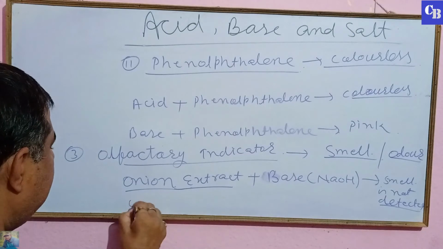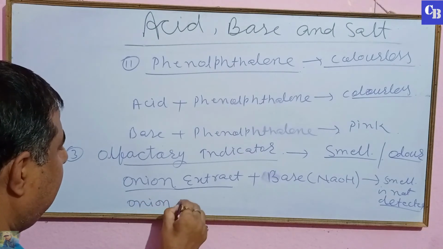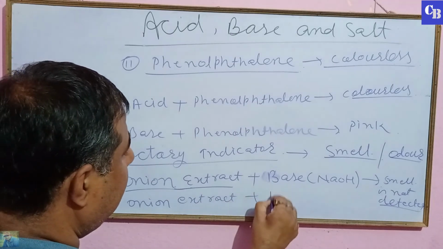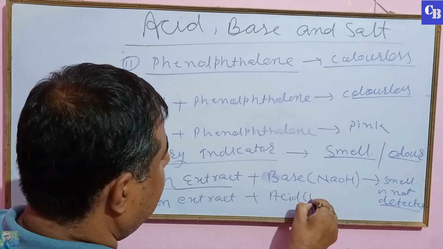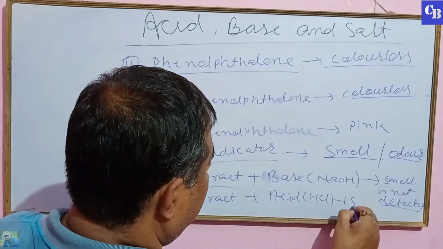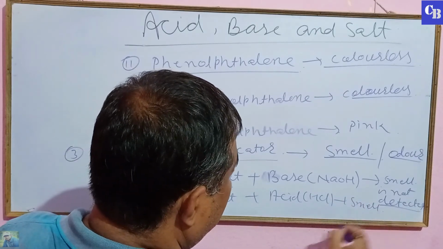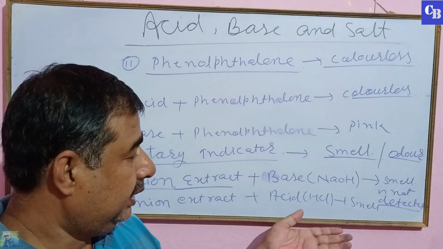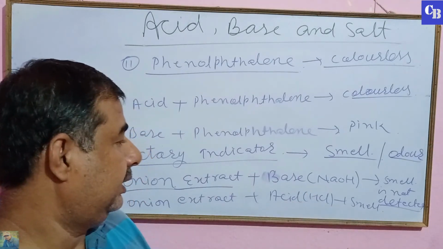But onion extract plus acid such as HCl, the smell of onion remains and is detected.